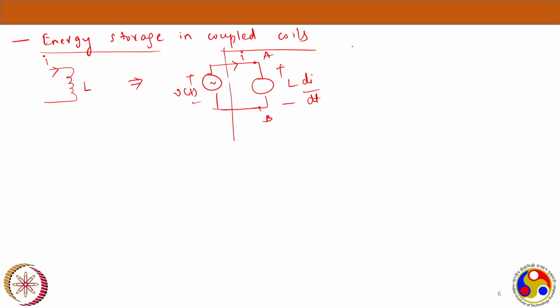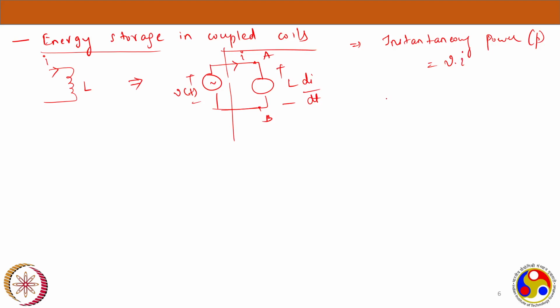Now if you try to calculate the instantaneous power, instantaneous means the power at that instant of time, because after some time it might be a negative value, as alternating voltages and currents may come. So I always take instantaneous, because at that point of time we can analyze the circuit. Now the instantaneous power, small p, is equal to the voltage at that instant multiplied by the current at that instant.